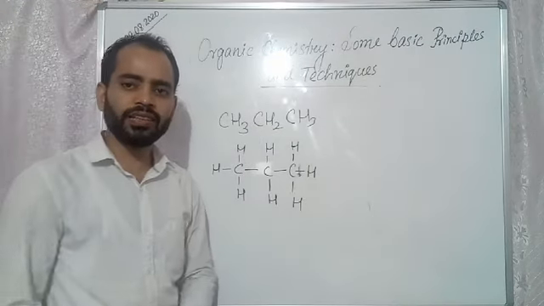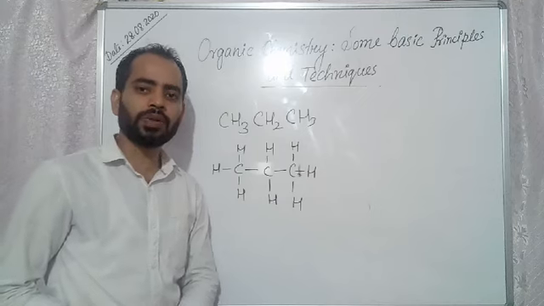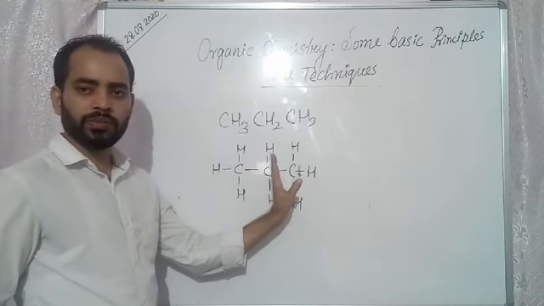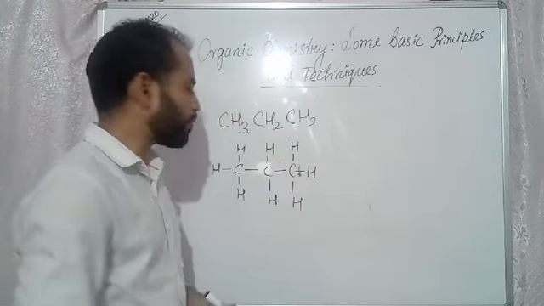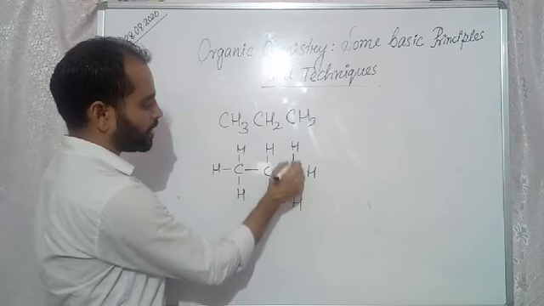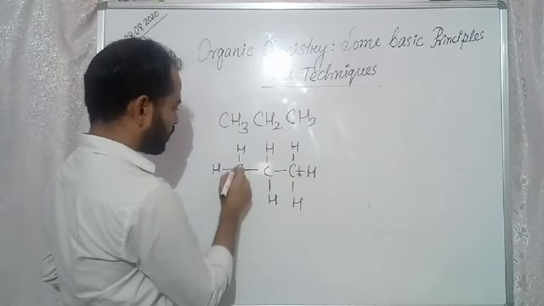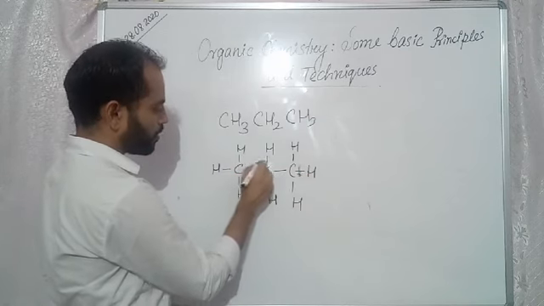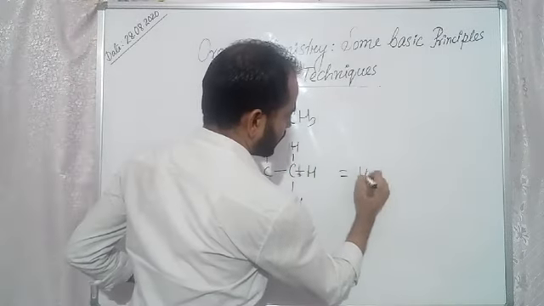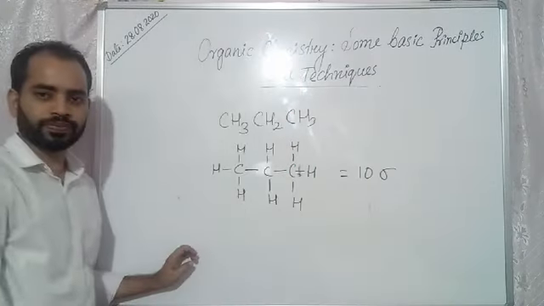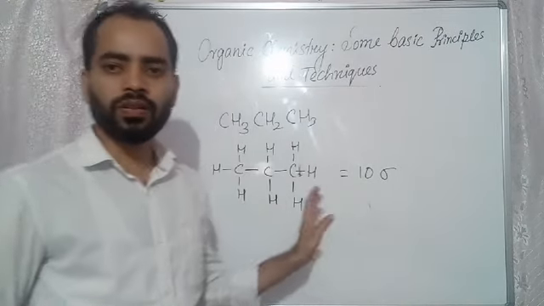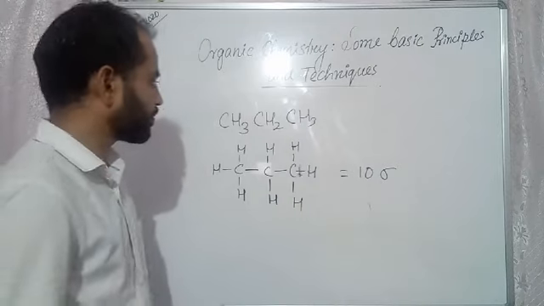In this compound, how many sigma bonds and how many pi bonds? Since all are single bonds, so all will be what? Sigma bonds. The total: 1, 2, 3, 4, 5, 6, 7, 8, 9, 10. 10 sigma bonds. Since there is no double bond and triple bond, there is no pi bond.